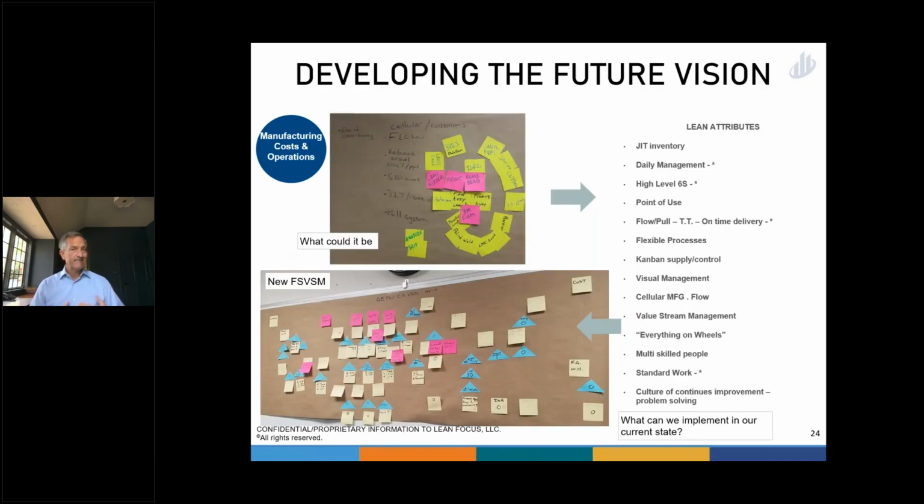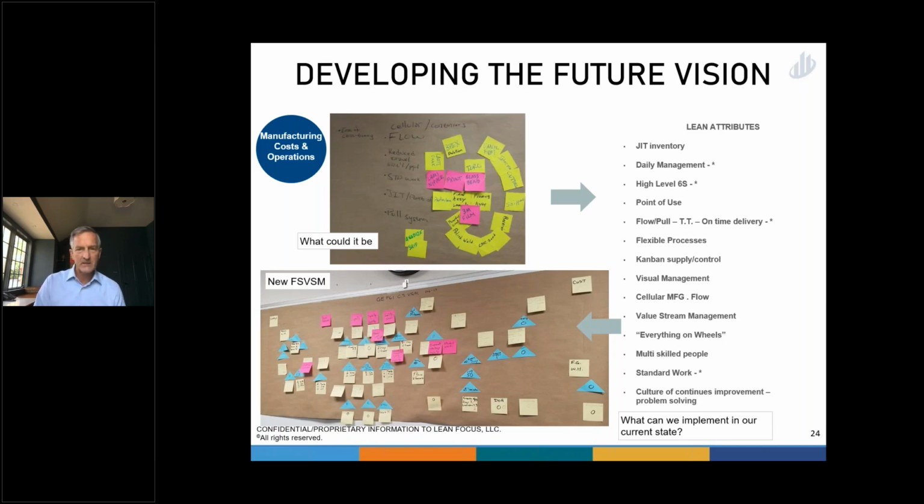So later in the process, as we've done all these analyses, we start to build the future state vision, and we really try to make sure that everybody understands and do a little bit of training on what are some of those lean attributes that we want to build into the future state that will help us to address some of the waste and non-value added activities that we found as we went throughout all these various analyses.